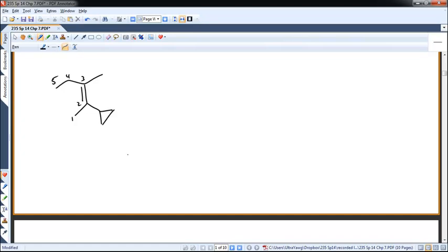Oops, I'll scoot this over a little bit. Pent-2-ene. And what do we have? At the 2 position, we have a cyclopropyl. So we have to put that somewhere in our name. And at the 3 position, we have a methyl. Right? And now we also have to worry about the organization of this, right?